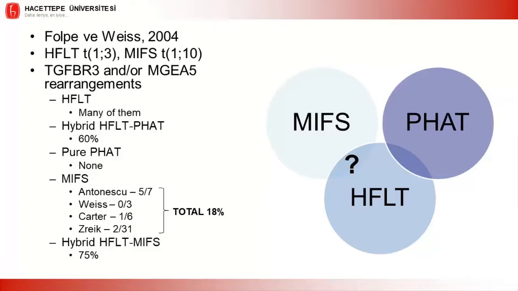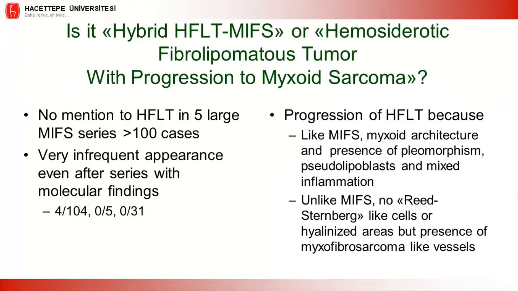More interestingly, myxoinflammatory fibroblastic sarcomas are reported to have this gene rearrangement less frequently, like 20%. And then so-called hybrid HFLT and MIFS tumors are also featured by these rearrangements. So there is a question: is it a hybrid tumor or a progression to myxoid sarcoma?